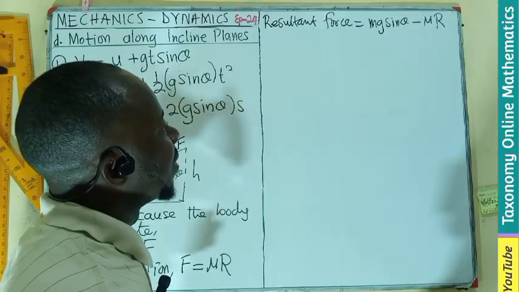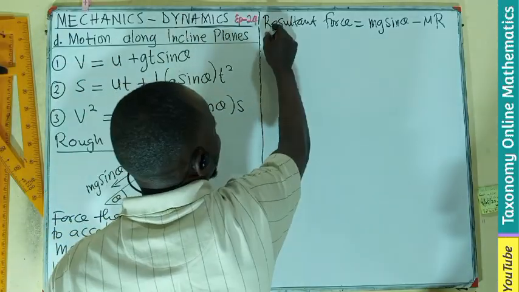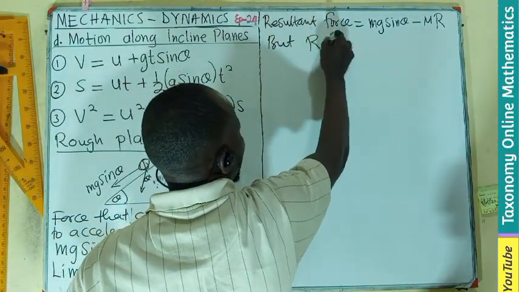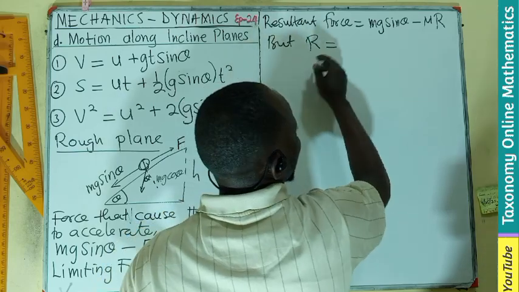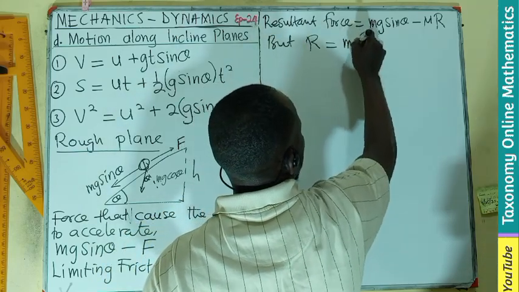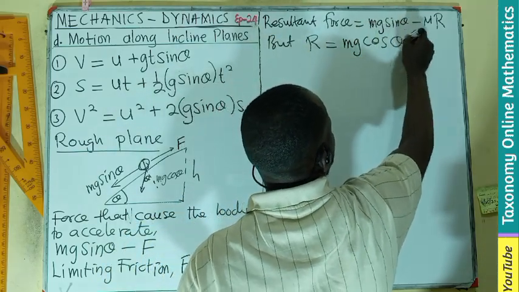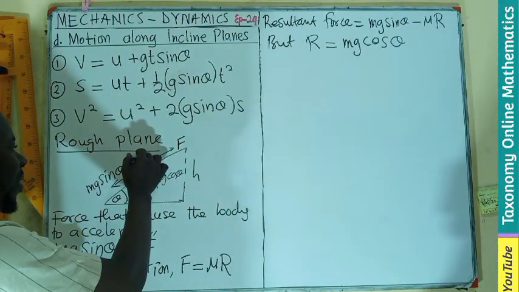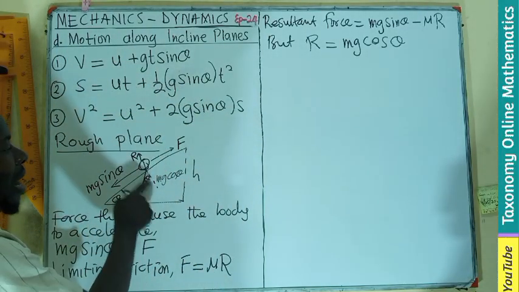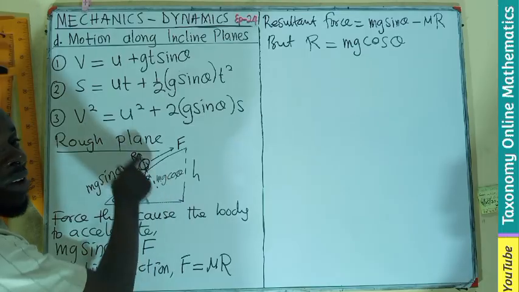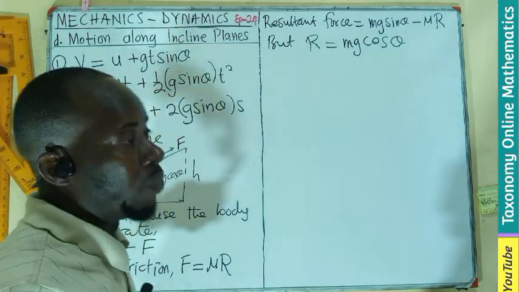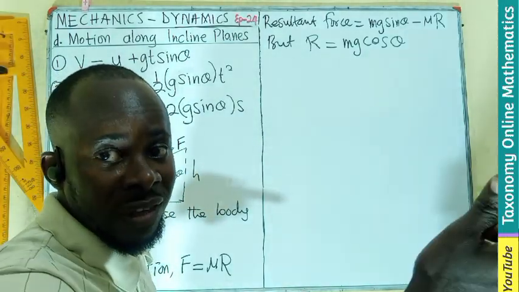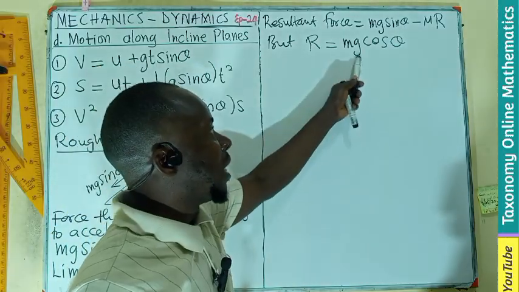Let's see, we can also remove the R, but your R is also equal to mg cos theta, as in the normal reaction we are having here minus the force of gravity moving down. If we subtract that, that will give us 0. So if you do that, we get this.